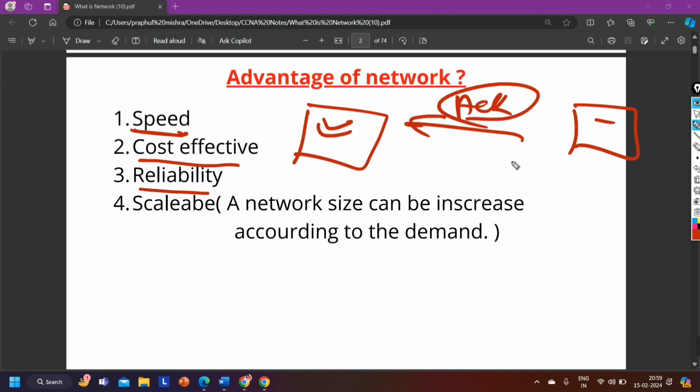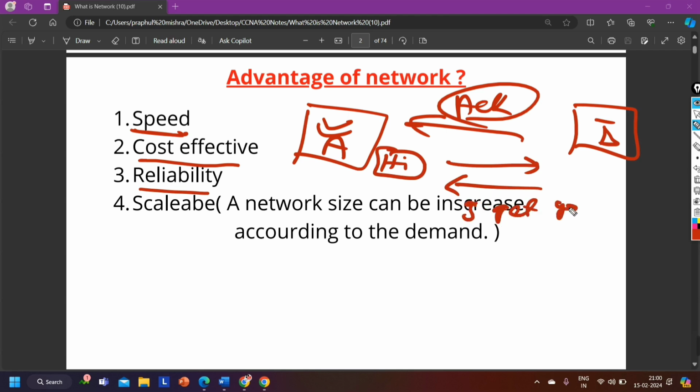Guys, there are two types of communication: reliable and unreliable. Reliable means getting acknowledgement of its data, and unreliable means not getting acknowledgement of data. Let's say this is machine A, this is machine B. From machine A, I am sending one data, hi, right? So machine B will send me yes, or this machine can say, I got your hi.